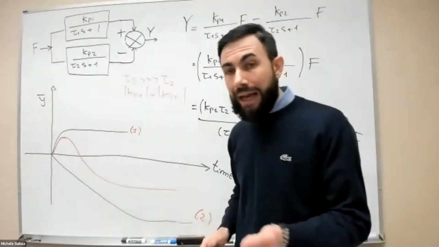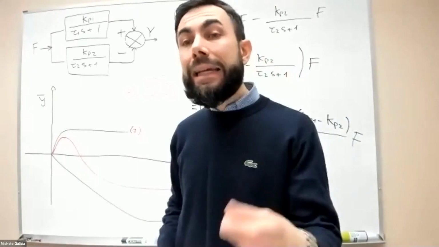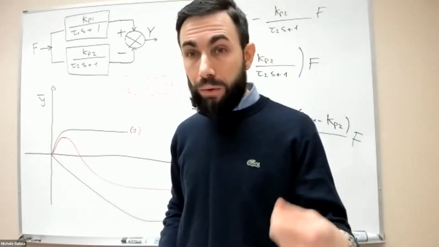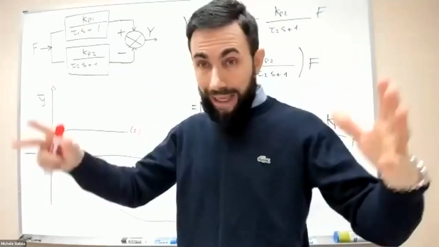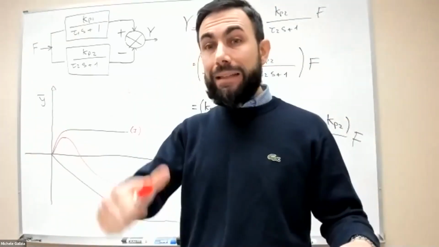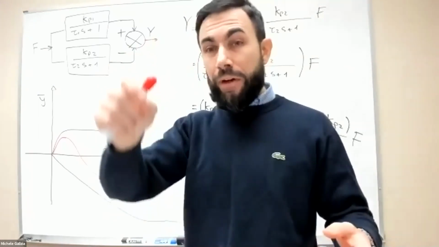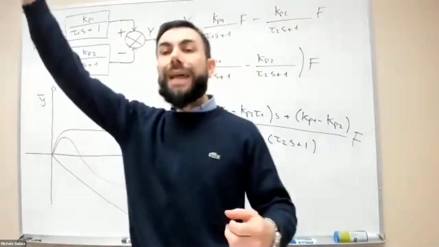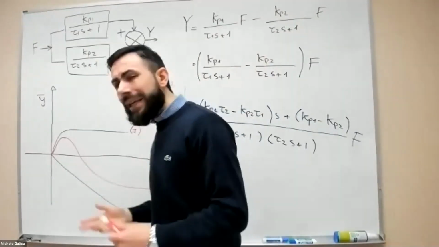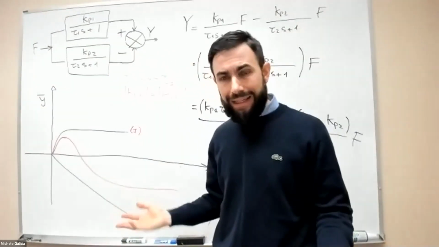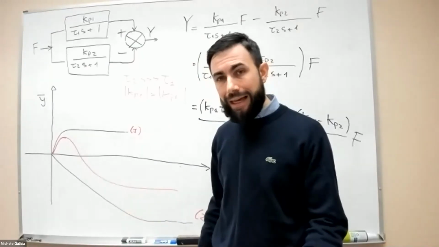For example, I increase the temperature of the inlet flow rate to a tank, and basically the temperature in the system first goes down and then goes up. It is non-monotonous.